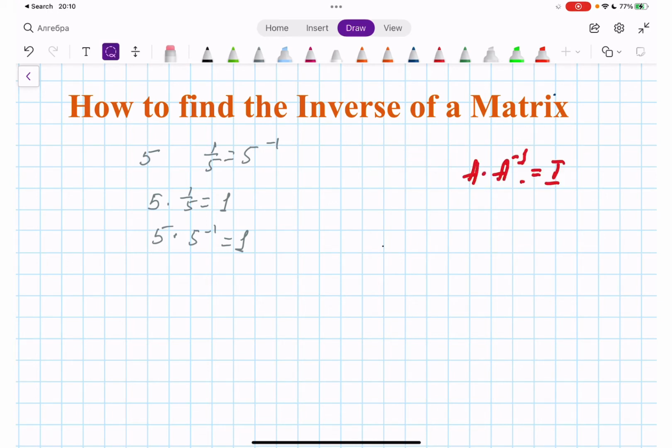We call it I, the identity matrix. Just like multiplying a number by its inverse gives 1, once we multiply a matrix by its inverse, we will get the identity matrix, which has ones on the diagonal.